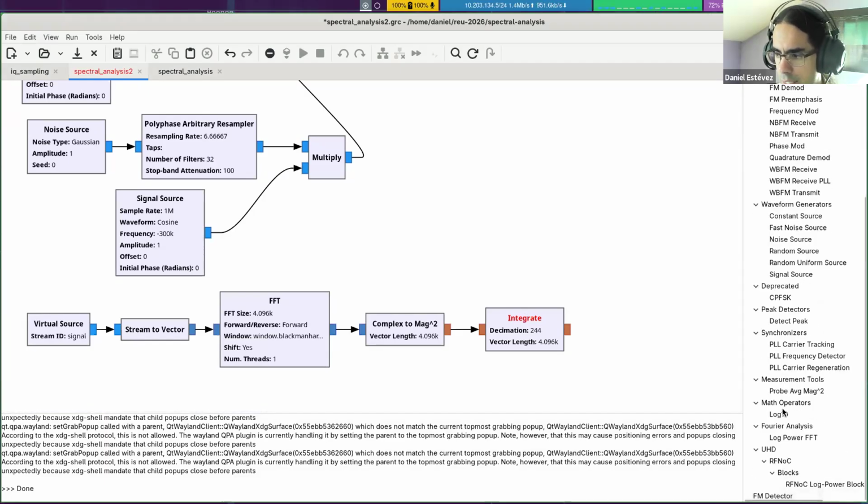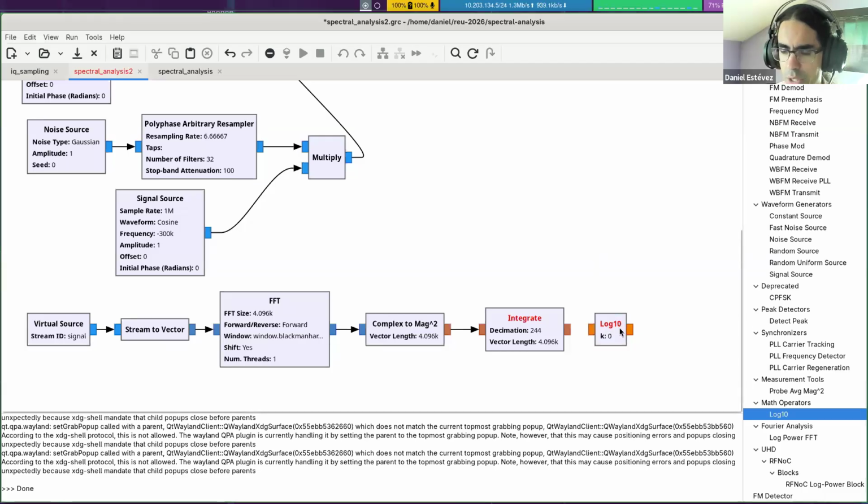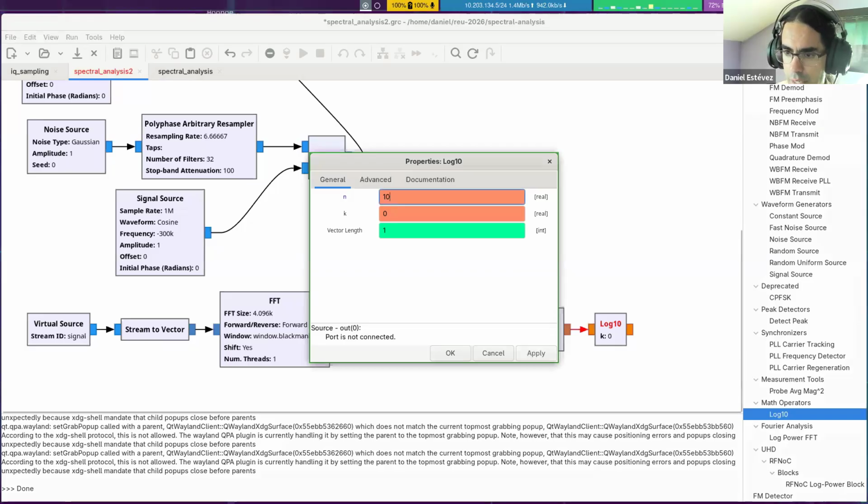The next thing is most spectrum plots are in decibel units because they allow us to see simultaneously both strong signals and weak signals. To convert these to decibels, we need this logarithm 10 block, and we need to set n to 10.